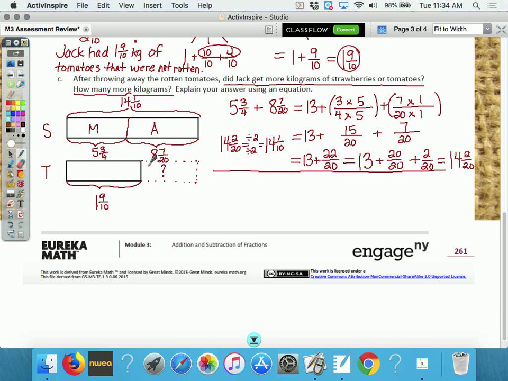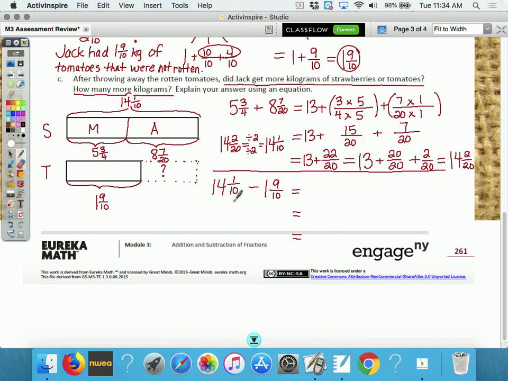Now my question says, how many more strawberries than tomatoes were picked? When it says how many more, what do I do? When it says how many more, you're finding the difference. So 14 and 1/10 minus 1 and 9/10 equals. Problem here is, look at your first fraction.